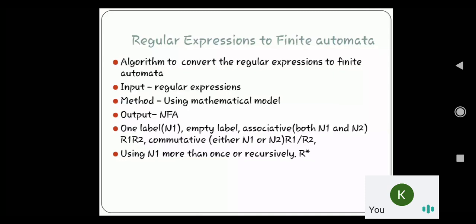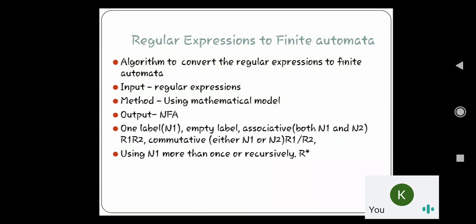So here you have an NFA. In this NFA you will have an initial state and a final state. We could consider that between this initial state and final state you may have one more state, or else the initial state itself works in a repetitive, recursive manner, or the final state itself works in a recursive manner, or the state in between the initial state and final state works in a recursive manner.